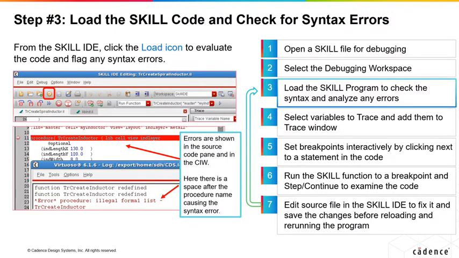What you would simply do at this point is correct that error, remove the space after tr create inductor, and then save it and reload it. So again, you'll basically be correcting any syntax errors that the load command may flag for you.